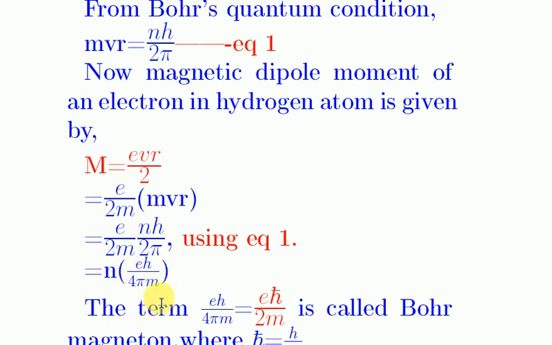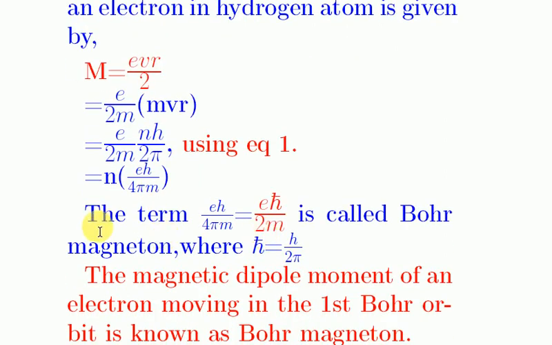Now the term eh by 4 pi m, we can write as e h cross by 2m, because h cross is denoted as h by 2 pi.